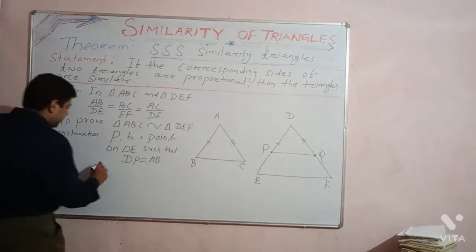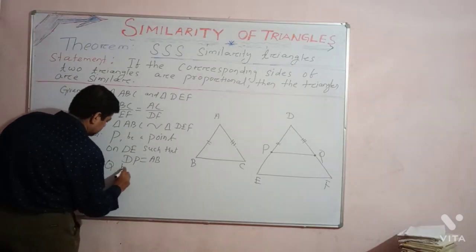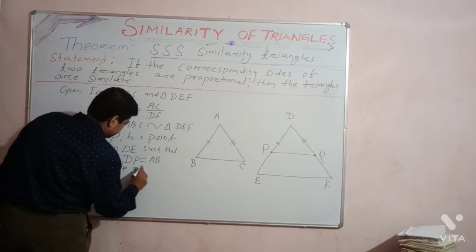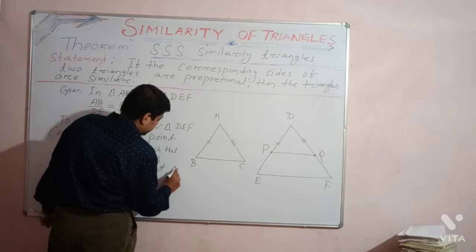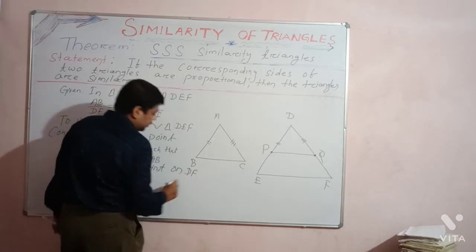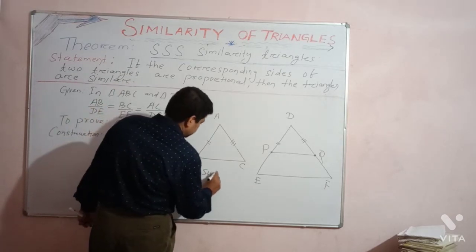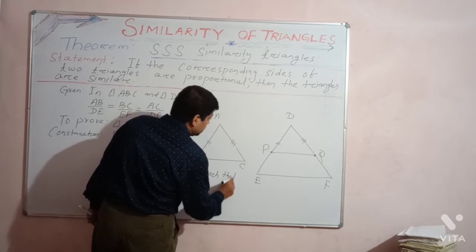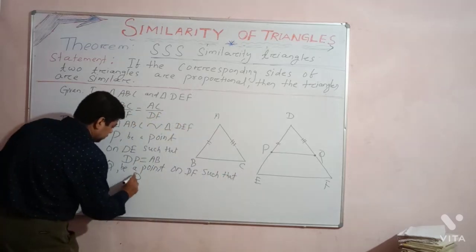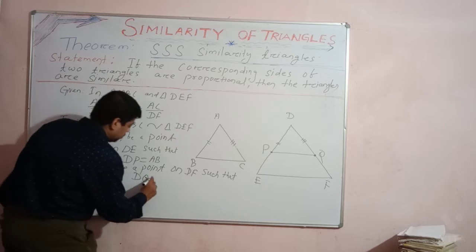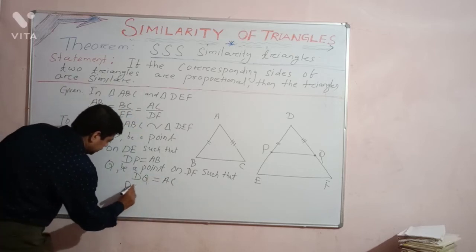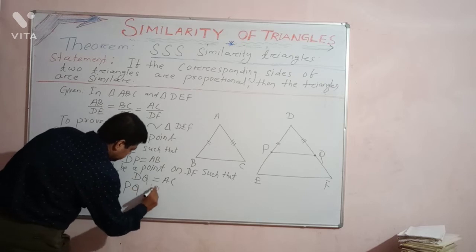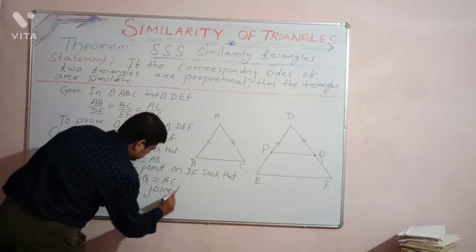And Q be a point on the side DF such that DQ is equal to AC, and PQ is joined.